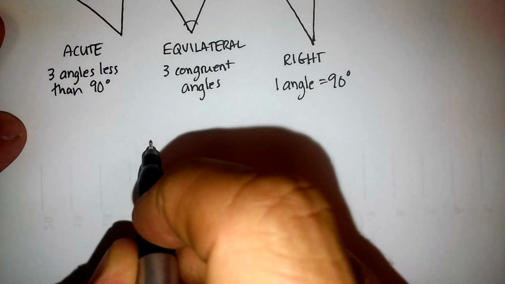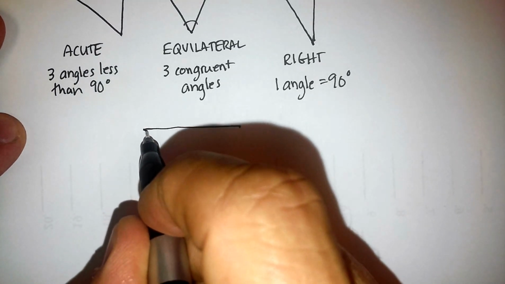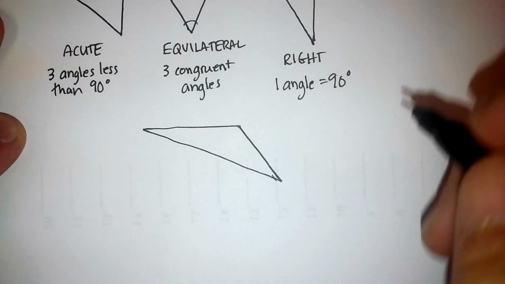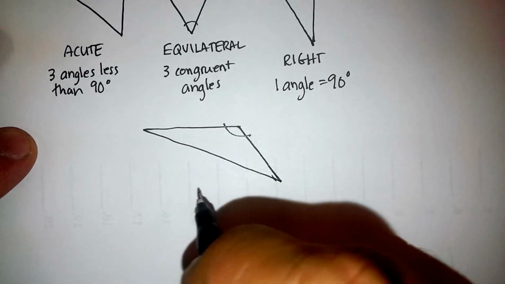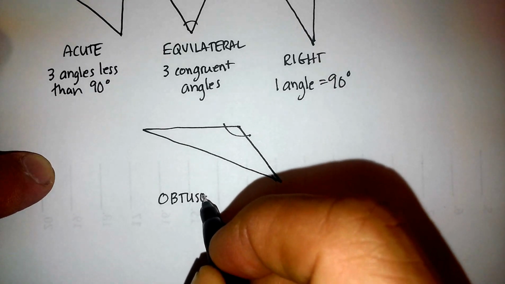And here's the last one. So let's do this real quickly. There we go. And this one, you're looking at this particular angle here, and it's called an obtuse triangle.